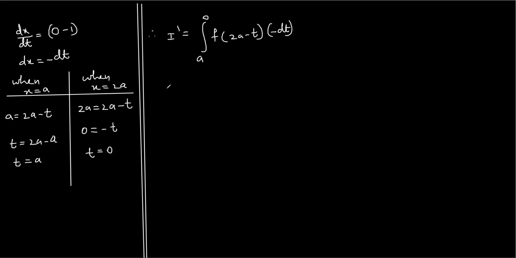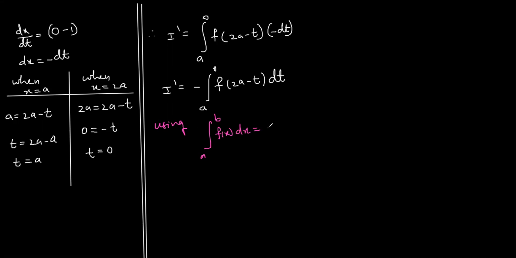I take this minus out, so I get I dash equals negative a to 0 f of 2a minus t dt. And here I use the property. You remember which property? Yes, correct. We will invert the interval, using a to b f of x dx as negative of b to a f of x dx.